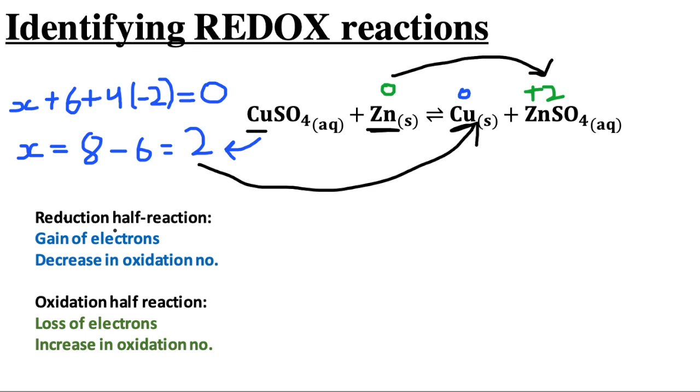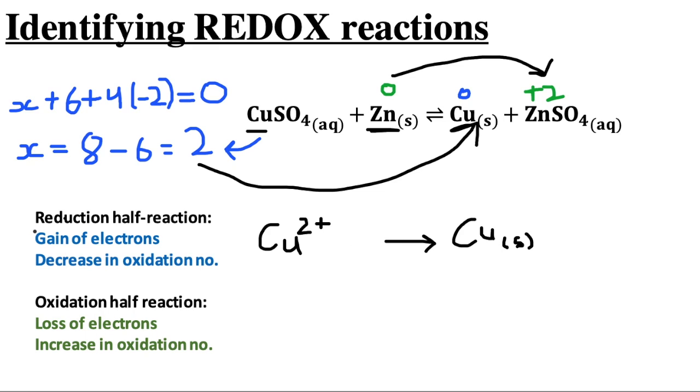Reduction is the gain of electrons, and this half reaction is identified by a decrease in oxidation number. There is a decrease in the oxidation number of copper, from +2 to 0. This represents the reduction half reaction. So we can write, before the reaction we have the copper ion, which has a 2+ charge, and after the reaction its oxidation number decreases to 0 as copper is present in its solid form.